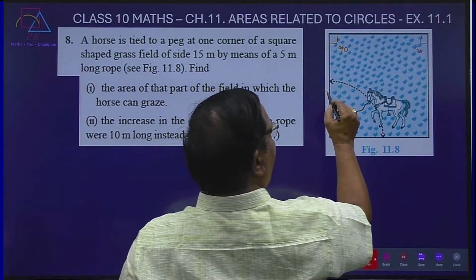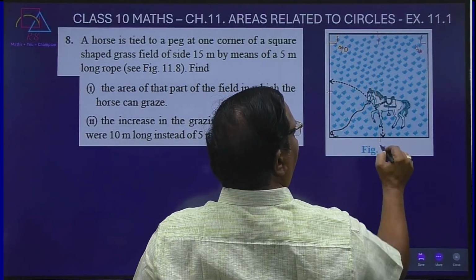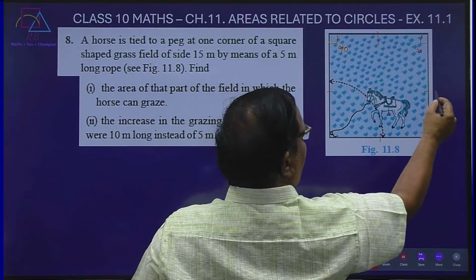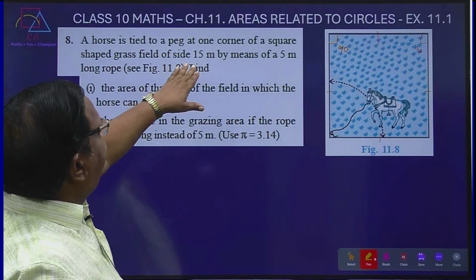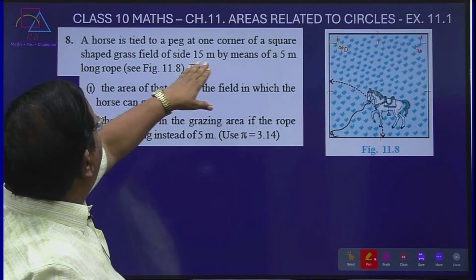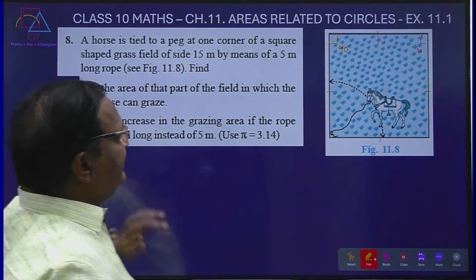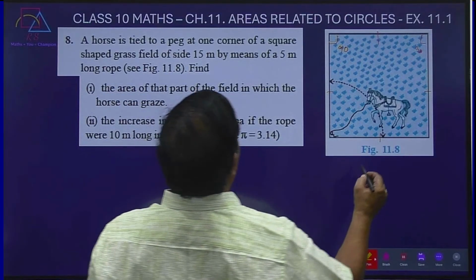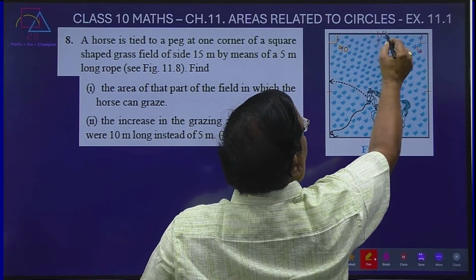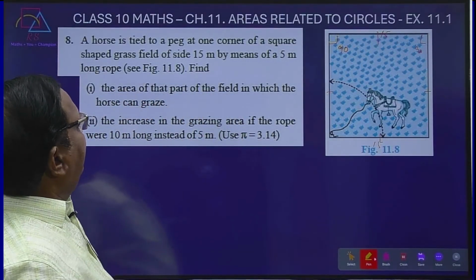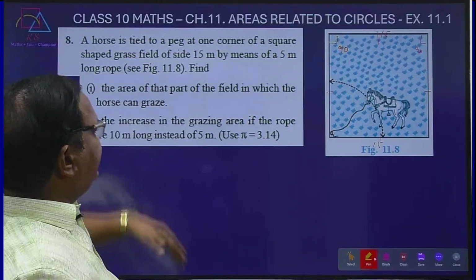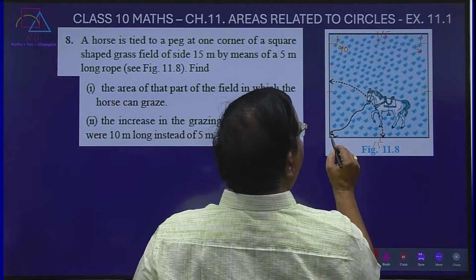All sides are equal. And the side is 15 meters, sorry. Square corner grass field of side 15 meters. This is 15, 15 and 15. Okay. And then a 5 meters rope. This rope is tied.